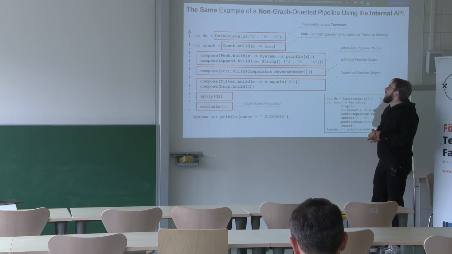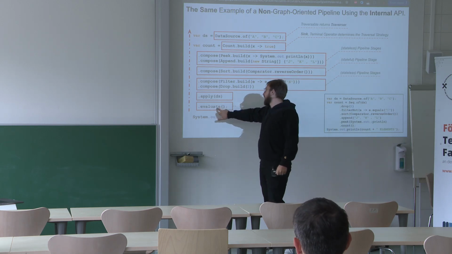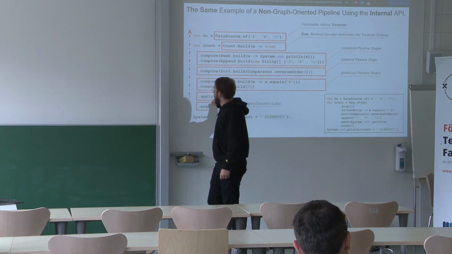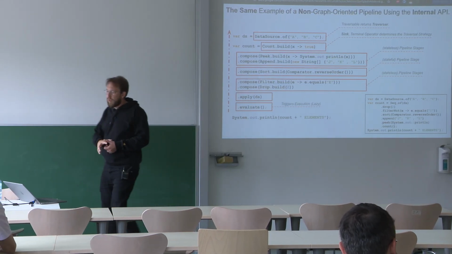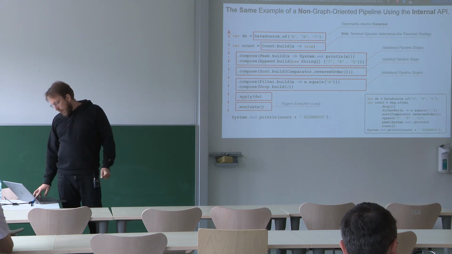And then we have the append and the peak. Important, only this evaluate triggers the evaluation at the end, right? Everything else is practically function composition. I think that's all I wanted to say.